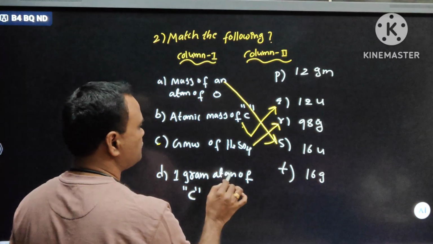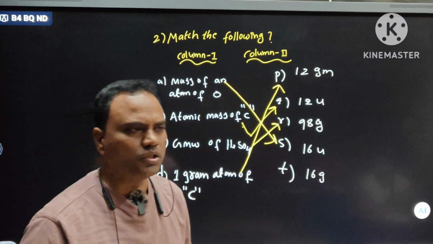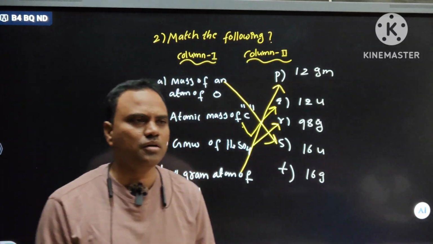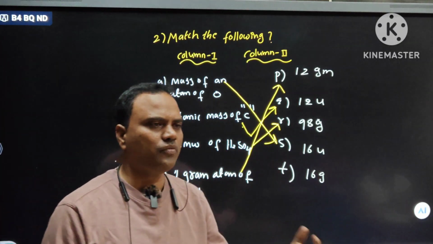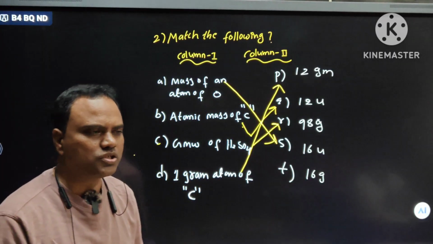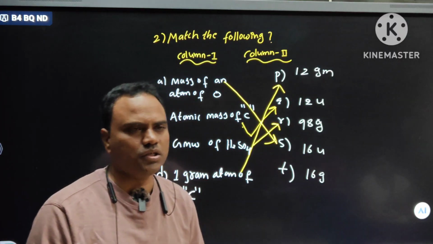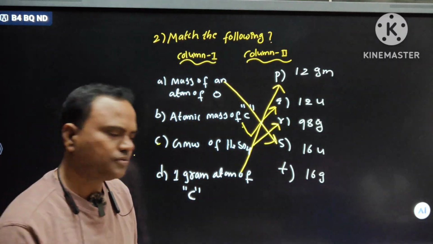Remember now. 1 gram atom of oxygen is equal to 16 grams. 1 gram atom of calcium is equal to 40 grams. Okay, right.